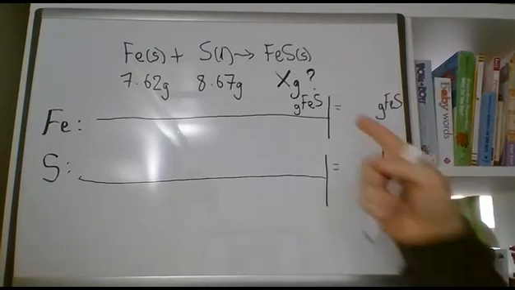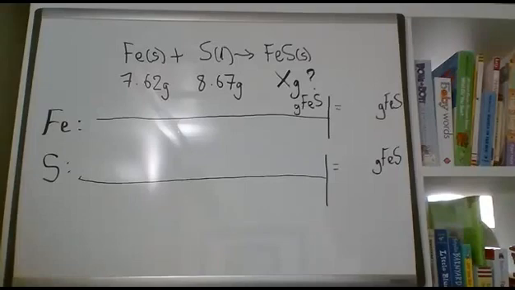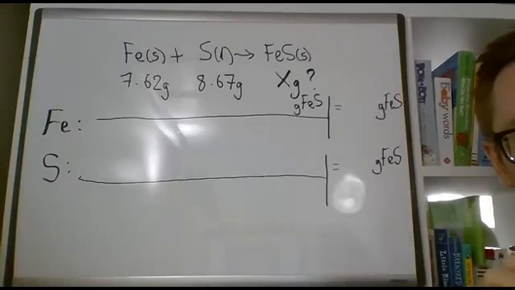Fe has a mass of 55.85, and S has a value of 32.07.